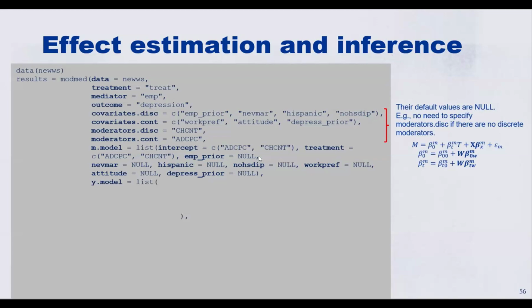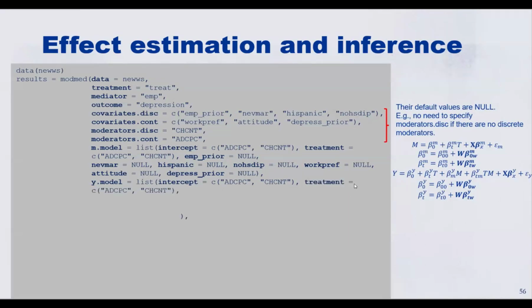And similarly for the outcome model, remember, this is our main outcome model, and this is our function of the intercept indicating the main effects of the moderators. And also we have the coefficient of the treatment in the outcome model as a function of the moderators. So we write this. And also we have the coefficient of the mediator in the outcome model as a function of the moderators.